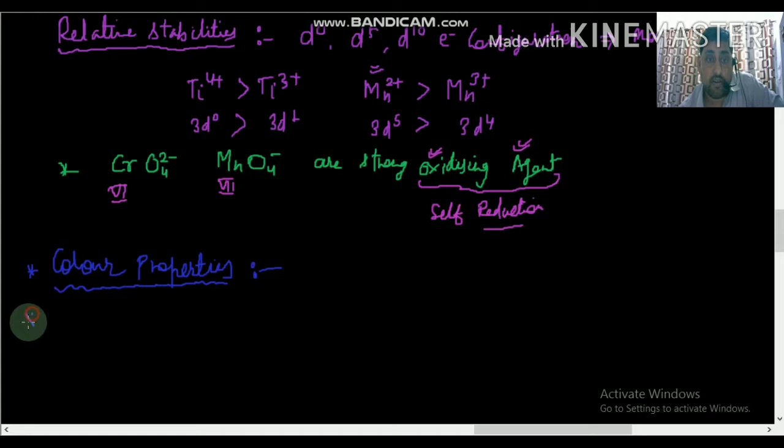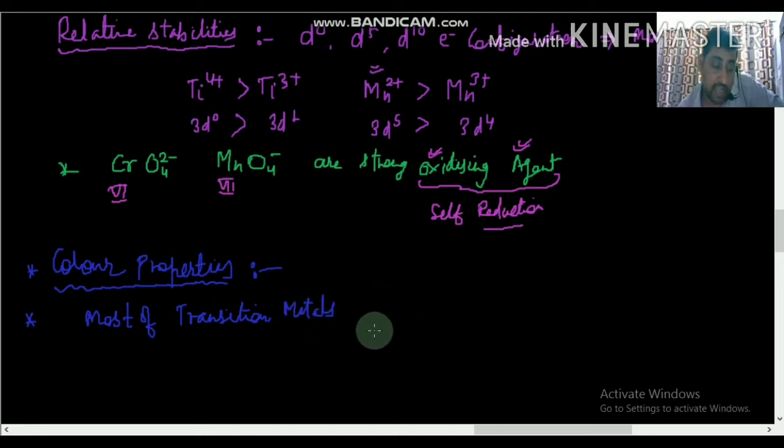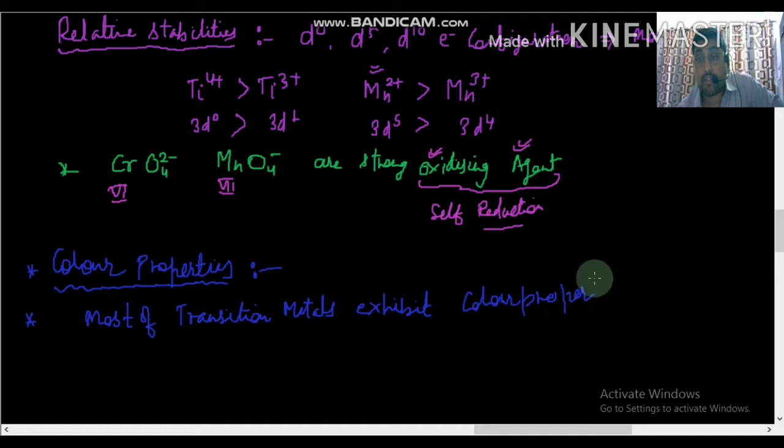Okay, the first fact is that most of the transition elements or metal ions exhibit color properties in most of the cases.